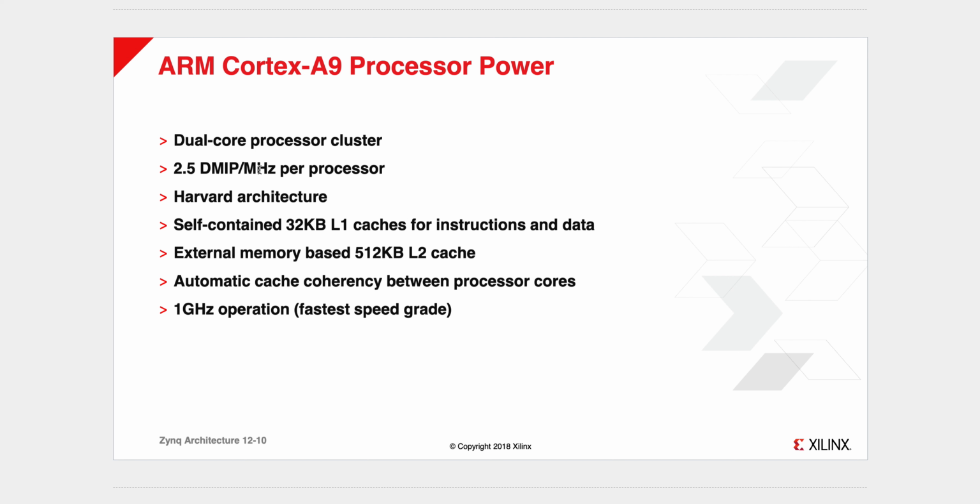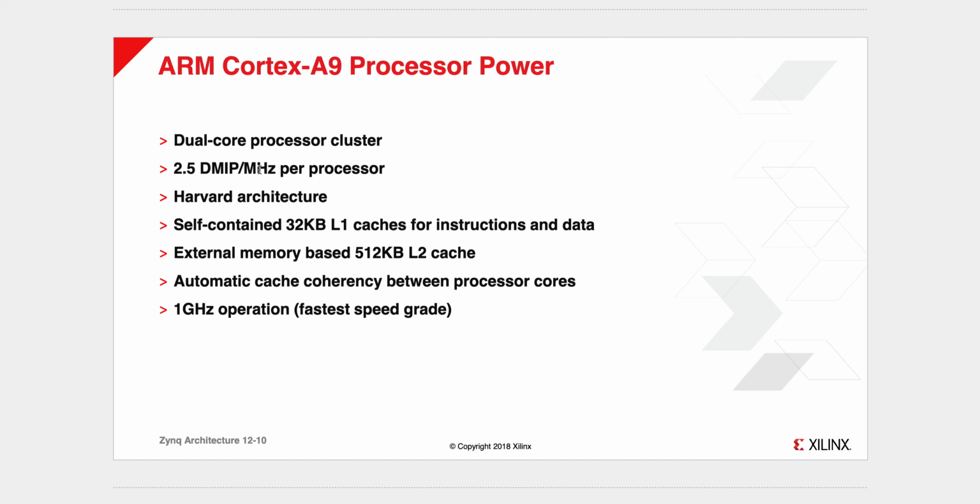When you talk about this Harvard architecture, we are saying that the processor uses Harvard architecture, and this means that the instruction and the data memory are separate. We have separate instruction memory with separate data memory. This allows, of course, for simultaneous access to instructions and data, improving efficiency and performance.